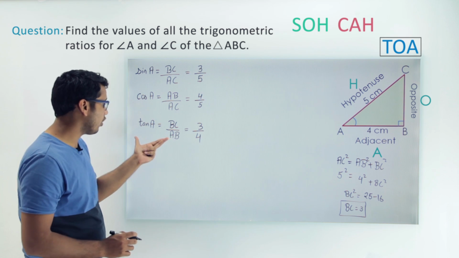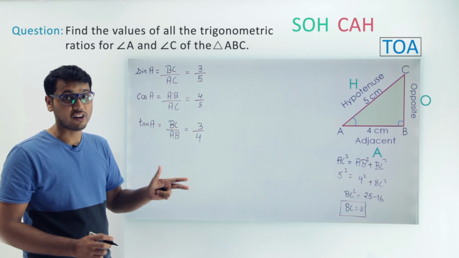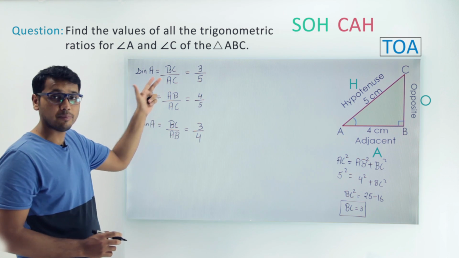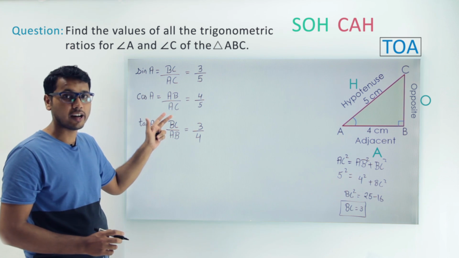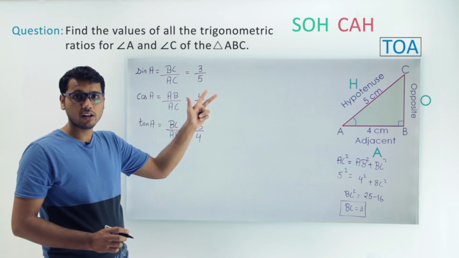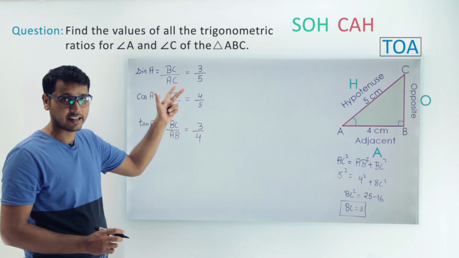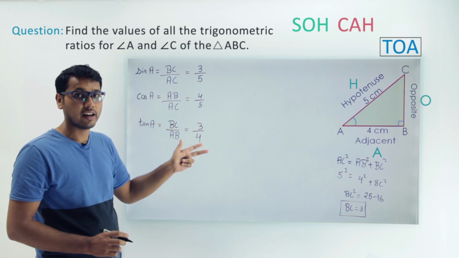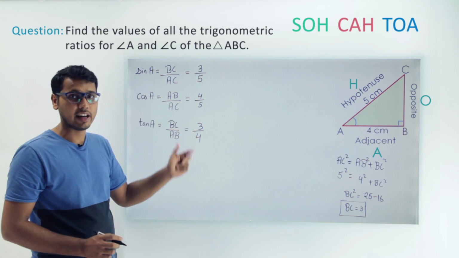So the value of tan can also be found out by doing sin upon cos. You can either apply TOA or sin upon cos; in either way we get the value for tan.